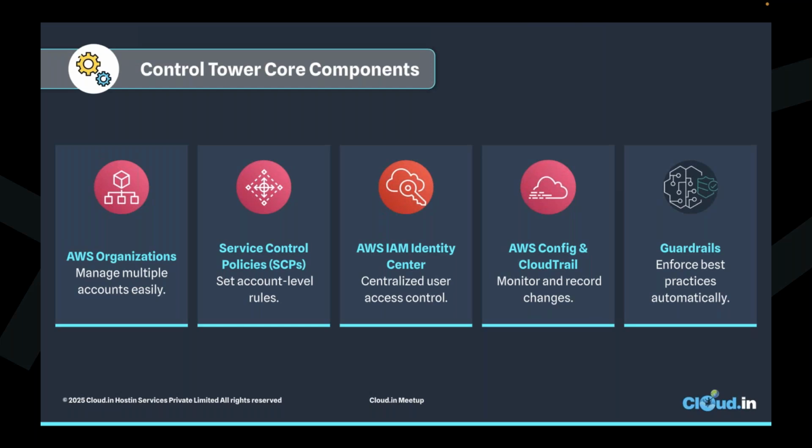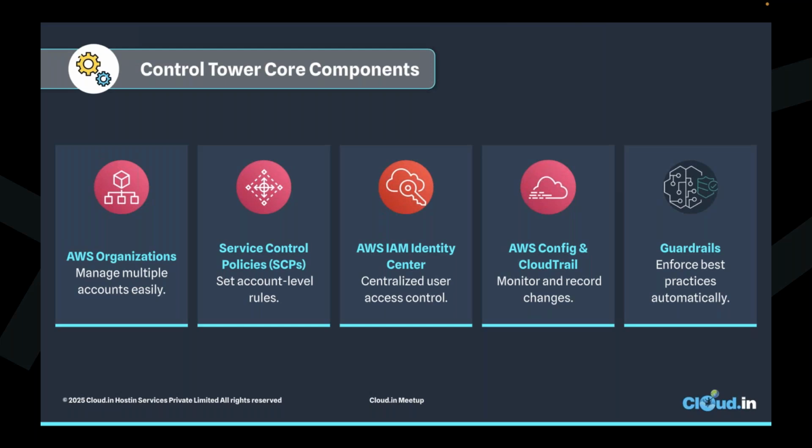Next is AWS Config and CloudTrail, for monitoring and recording changes in your accounts. AWS Config and CloudTrail work together to give you visibility into what's happening across all your AWS environments.